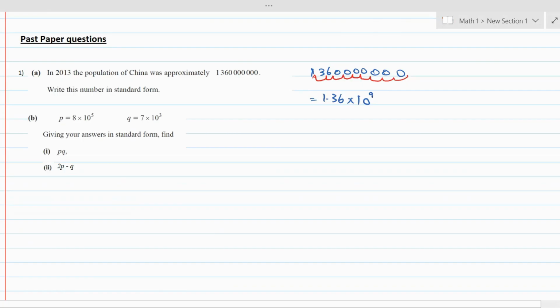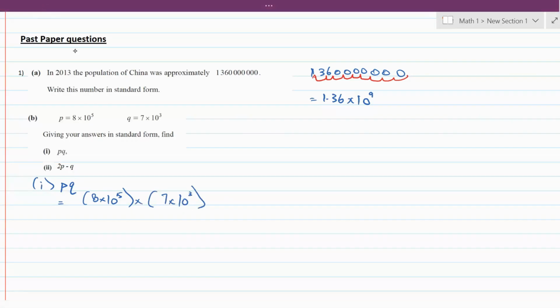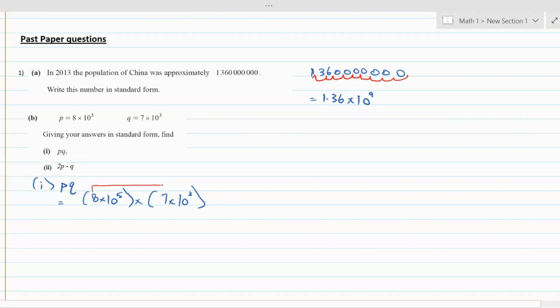Moving onwards, part B, we have two standard forms given, P and Q. In the first part, we have to find PQ. PQ is a case of multiplication. So PQ means P, which is 8 multiplied by 10 raised to the power 5, into Q, which is 7 multiplied by 10 raised to the power 3. As discussed earlier, the number will multiply with the number, and the tens powers will go together.